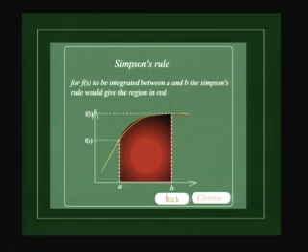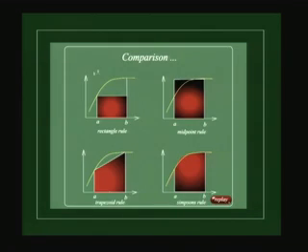Okay, so now to summarize, a comparison of all the methods will be this, for a function of this form. The approximation to the area would now be given by these four different boxes.